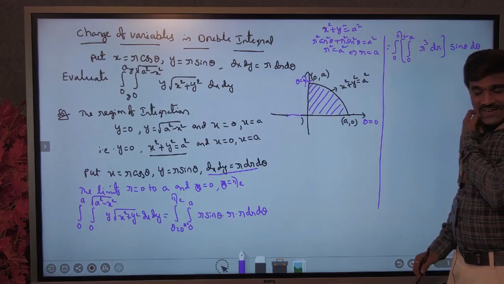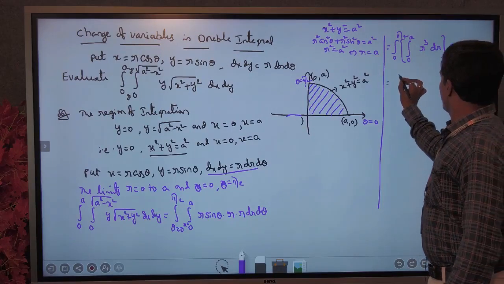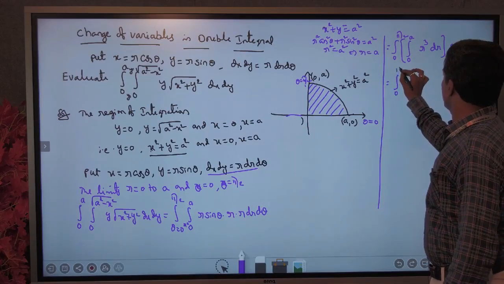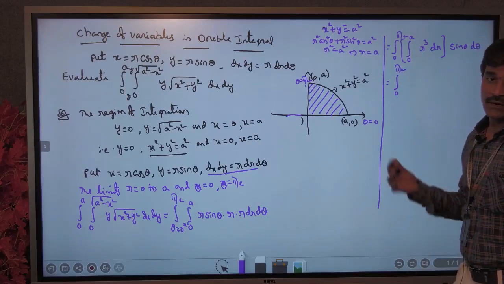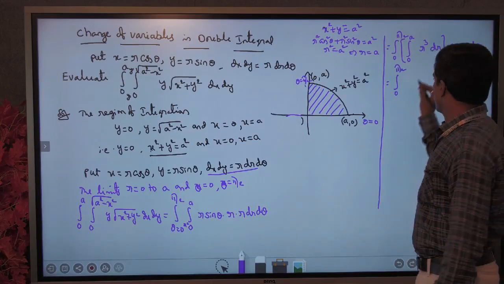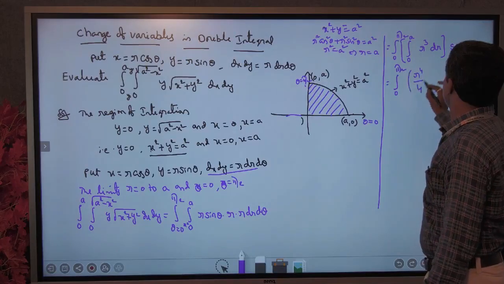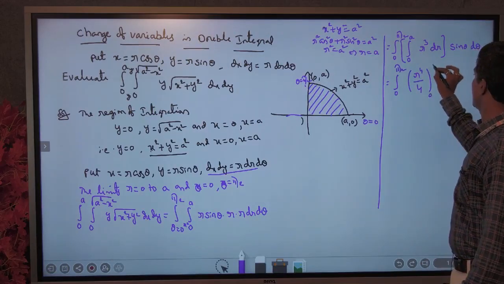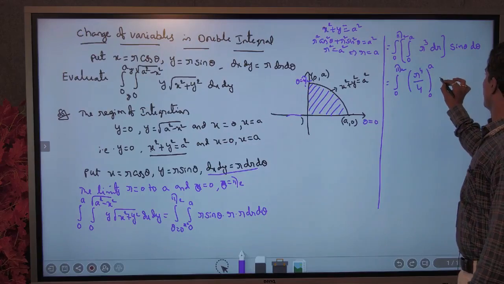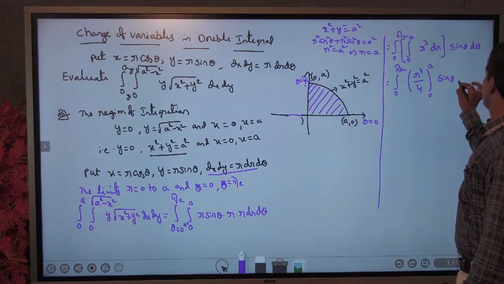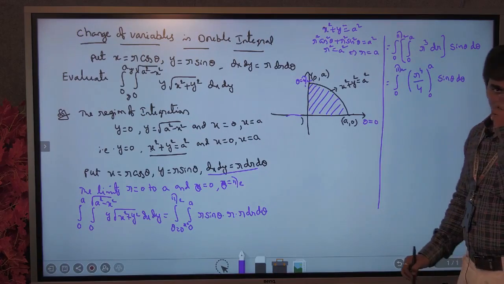What is the integration of r cube? It is r power 4 by 4. So integration is over. Our limits are 0 to a, into sin theta d theta, right?